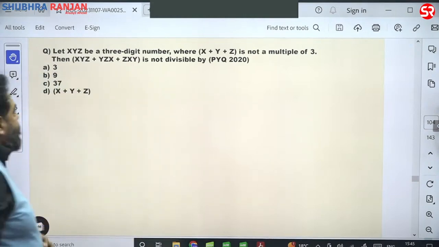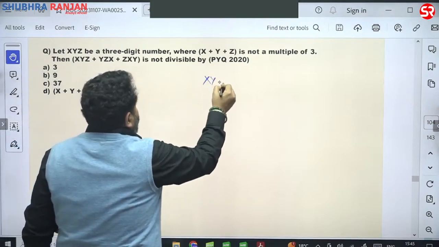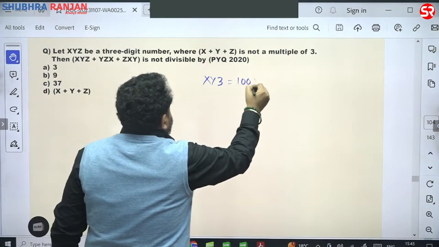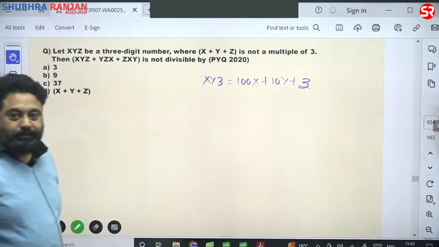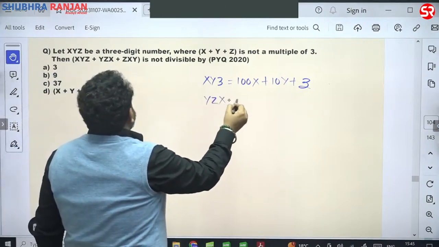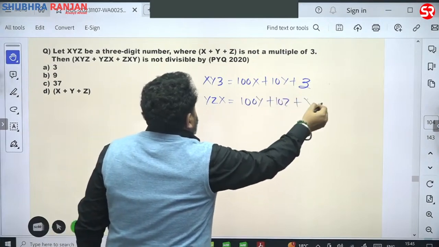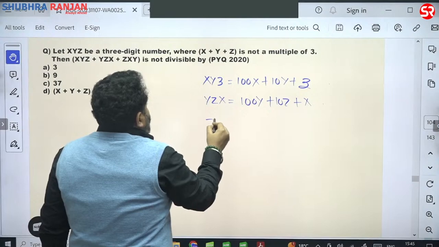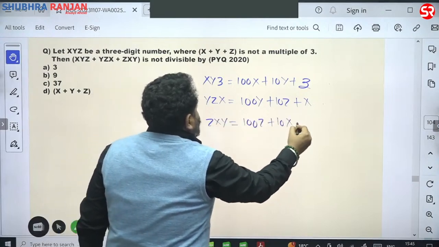Now, what did we do yesterday? What is xyz? It is 100 times x plus 10 times y plus z. What is yzx? It is 100 times y plus 10 times z plus x. And what is zxy? It is 100 times z plus 10 times x plus y.